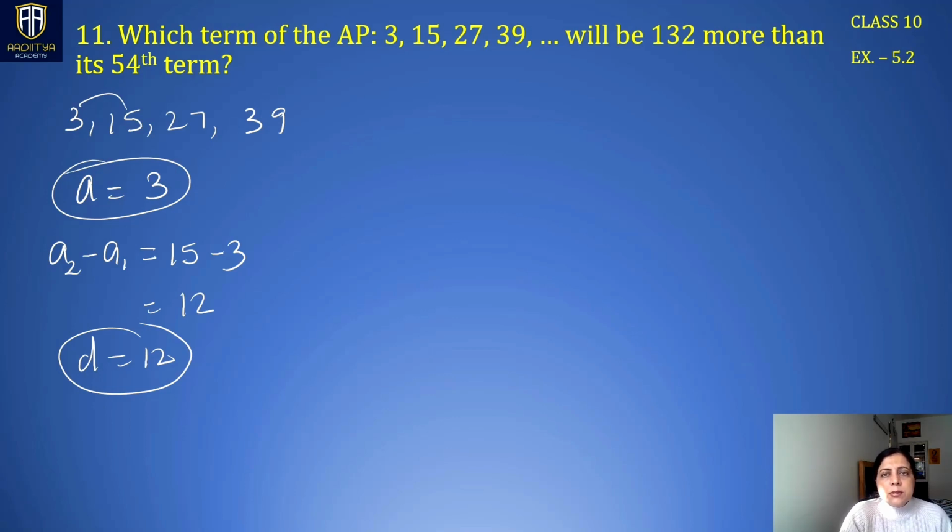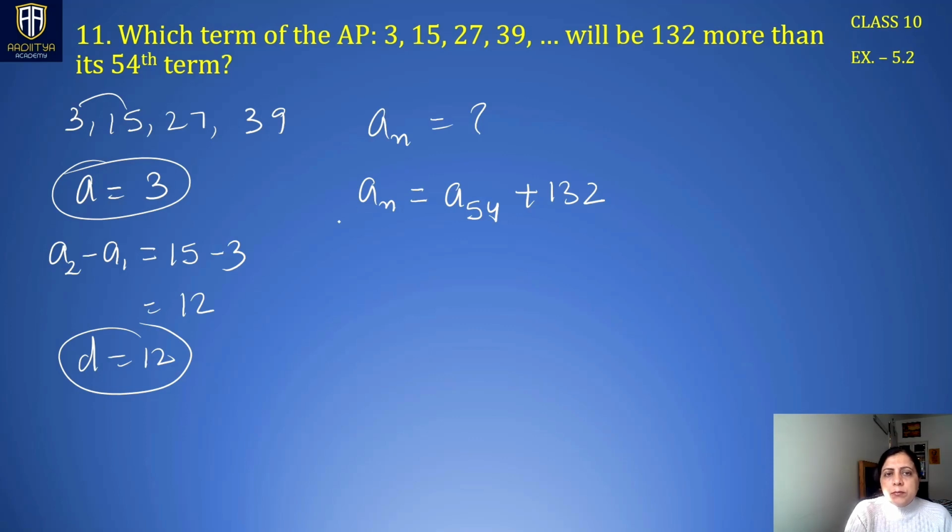The relationship is asked for which term of AP, An, will be 132 more than... More, exceeds, less, everything is written on the right hand side of the basic thing. 132 more than what? 132 more than 54th term, A54.